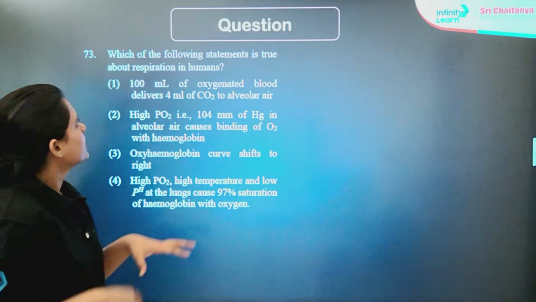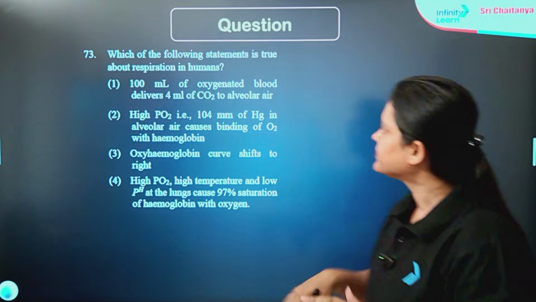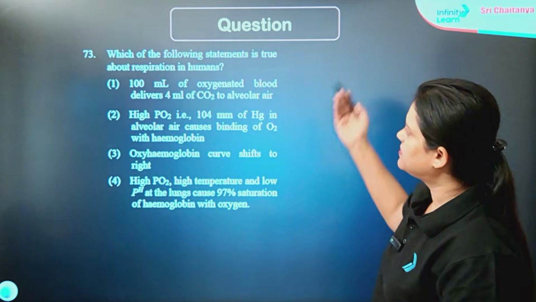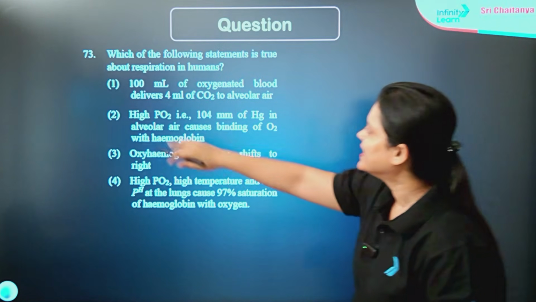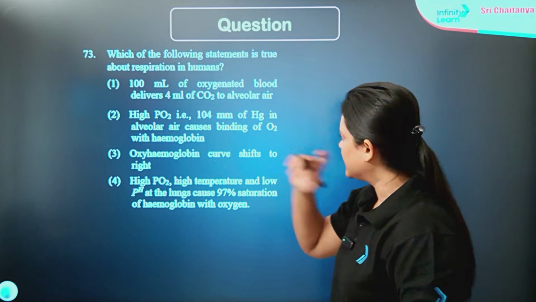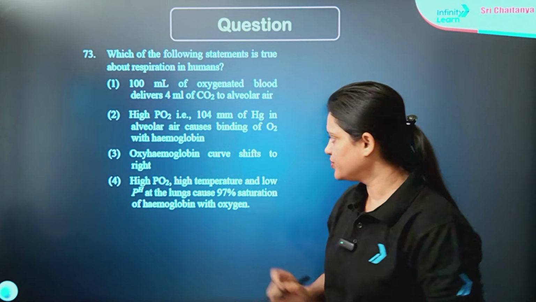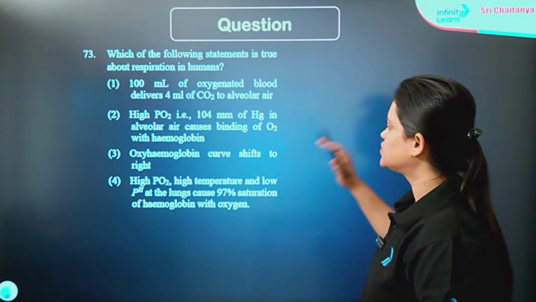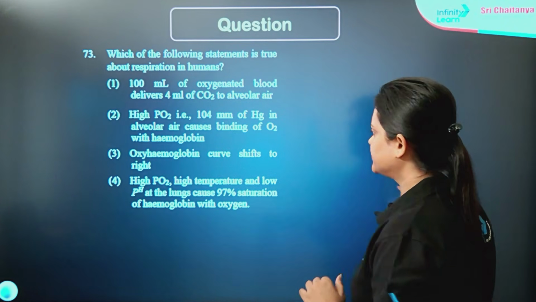Next one. Which of the following statement is true about respiration in humans, right? 100 ml of oxygenated blood is delivering 4 ml of carbon dioxide. This is wrong. Okay. High pO2, that is 104 mm Hg in alveolar air, causes binding of oxygen with hemoglobin. Yes, this is absolutely true. Oxyhemoglobin curve shifts to right. So it is the dissociation curve, right, that will shift to right.